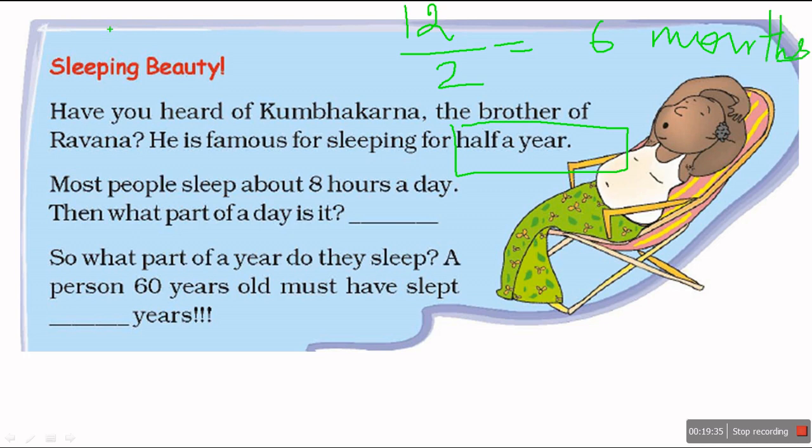So Kumbhakarna sleeps 6 months of a year. Most people sleep for 8 hours in a day. Then what part of the day is it? A day has 24 hours and he sleeps 8 hours. 8 threes are 24. So 8 is 1/3 part of a day.